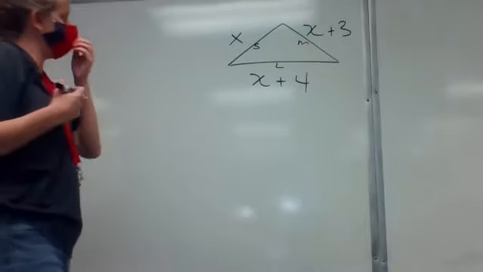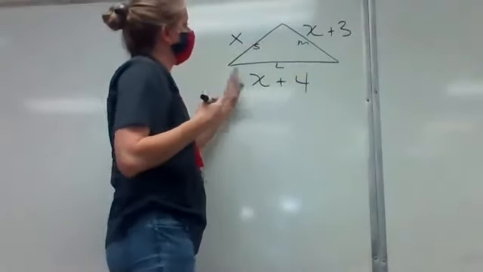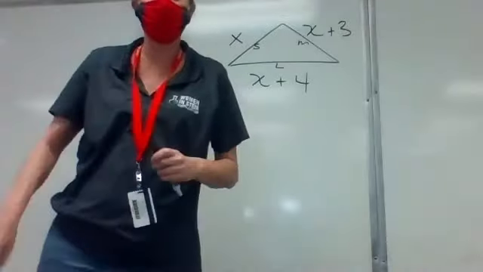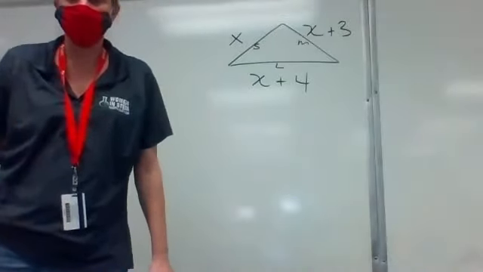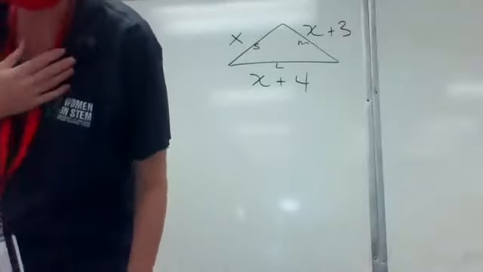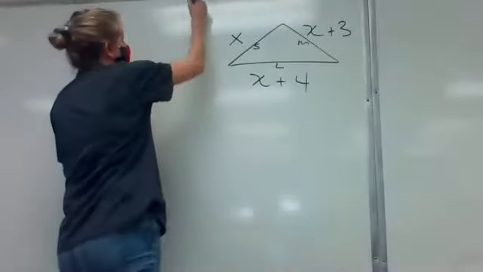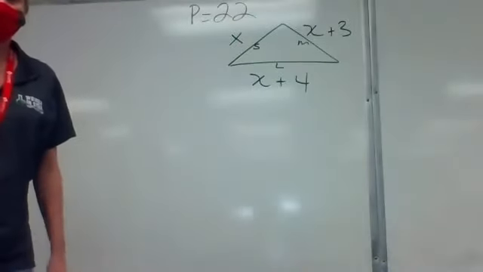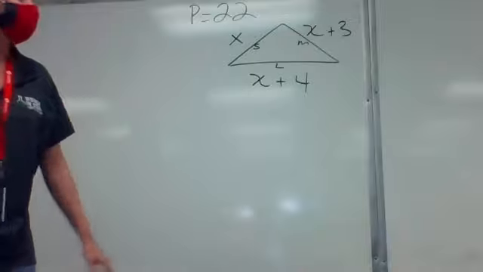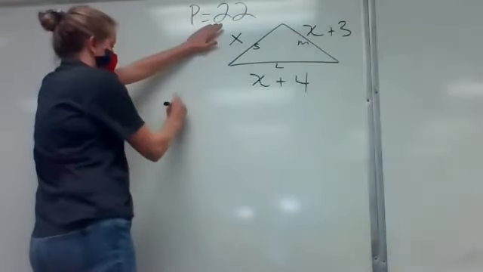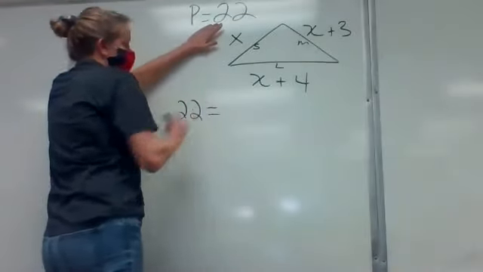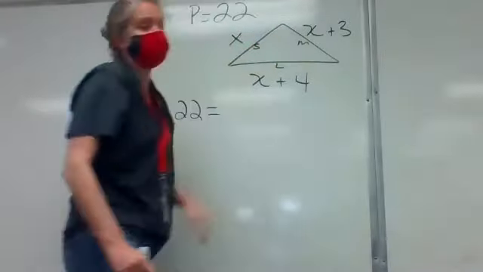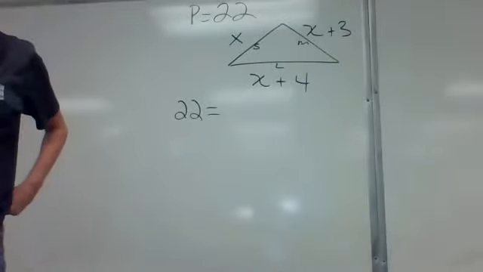Now, I know that the perimeter is always, I can just add my 3 sides together. That's what the perimeter says to do. All the sides added together. And it tells me that the perimeter is 22. It tells me that in the problem. So 22 is going to be equal to all 3 of those sides added together.